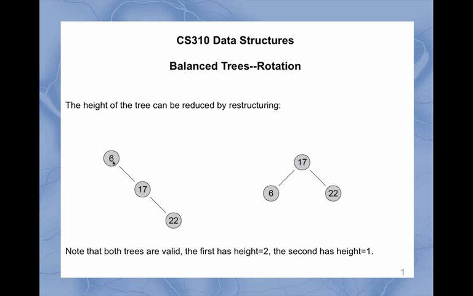So in other words, I can take this 6 and pull it down. Now what matters is that everything to the left of the 17 is smaller than the 17. But the 6 can either be above it, i.e. the parent of the 17, or it can be the left child of the 17. Either position will work just fine. The trees are perfectly valid, but this has lower height.